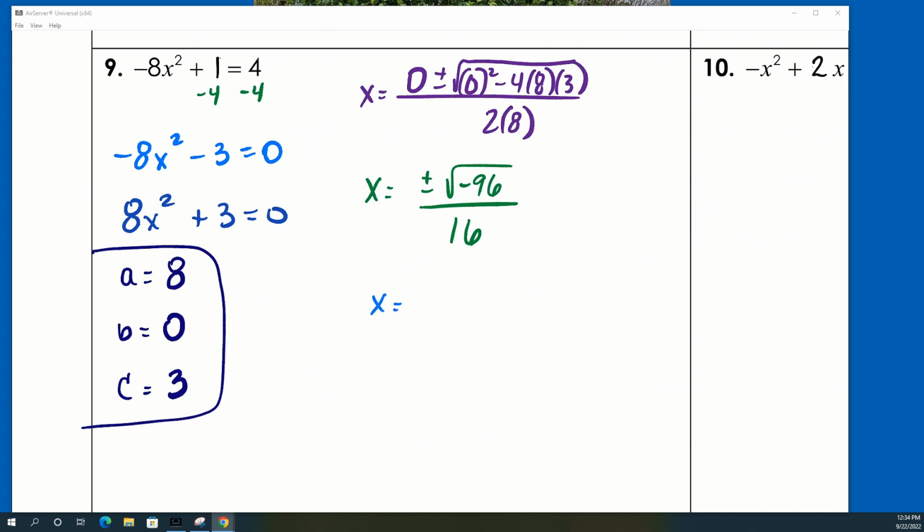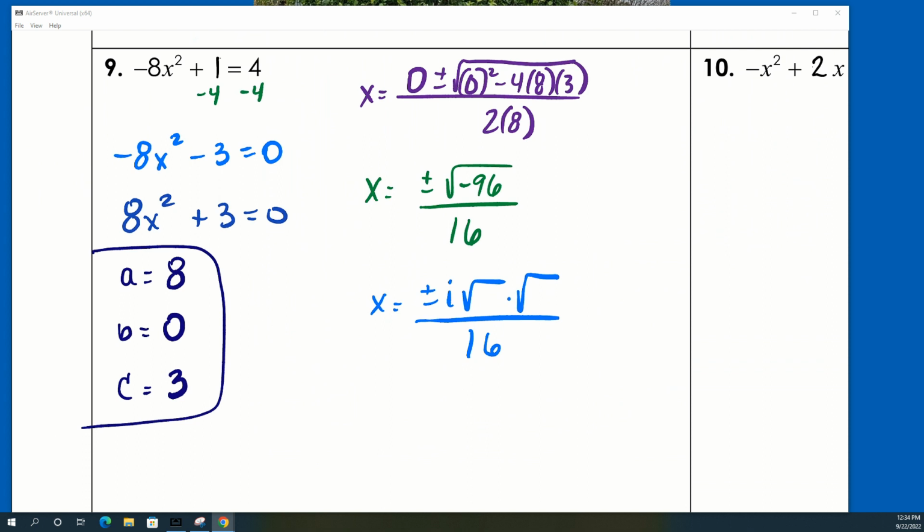Now, this didn't happen yesterday because all the ones yesterday were just nice little pretty numbers. But because there's a negative under the square root, what am I going to have in my answer? An i. Okay.